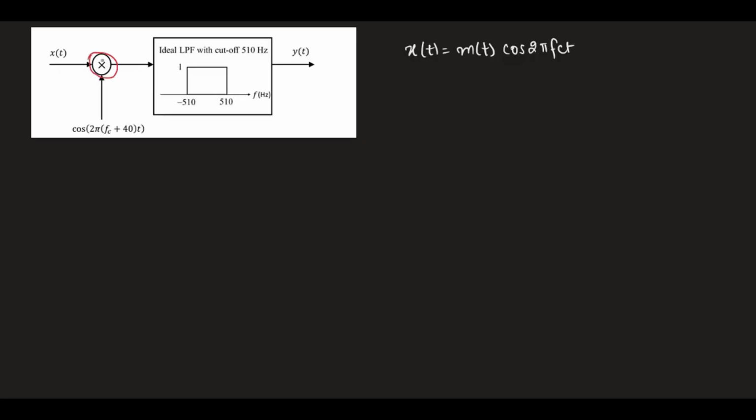This block shown by a cross is called a multiplier, and at the multiplier output here we see the product of these two signals take place.